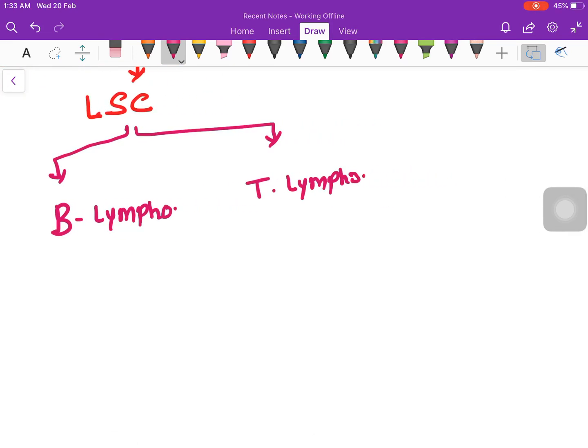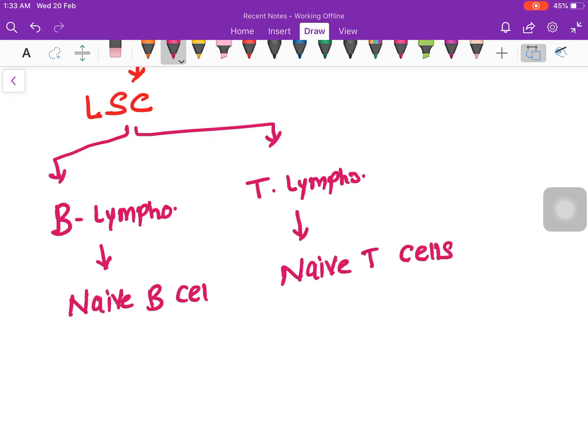Any type of lymphocyte which is mature enough but has not encountered an antigen is called a naive cell. So initially we have naive T cells and naive B cells. The meaning of the word naive is a cell which is mature enough but has not encountered an antigen.